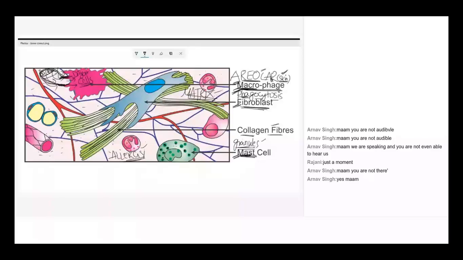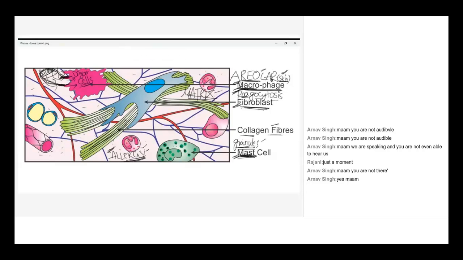During unfavorable conditions, like when the climate changes, when it becomes too hot, or when you eat some food which is not fit for your body, you may develop allergic reactions, isn't it? Some things if you touch, you will get a rash on the skin. Such allergic reactions of the skin are probably because of the mast cells. The mast cells are part of a skin connective tissue called areolar tissue.